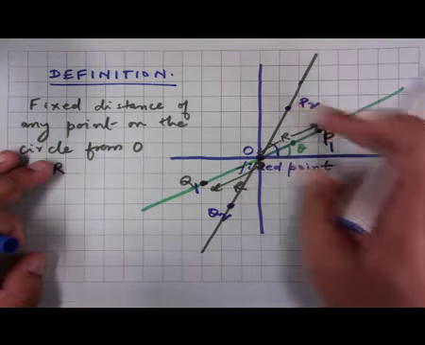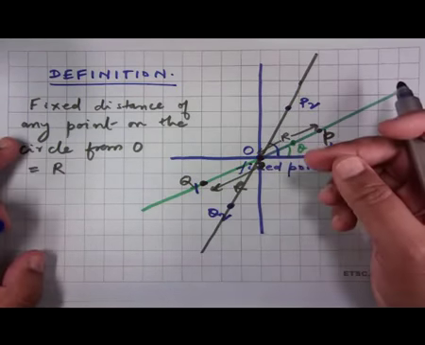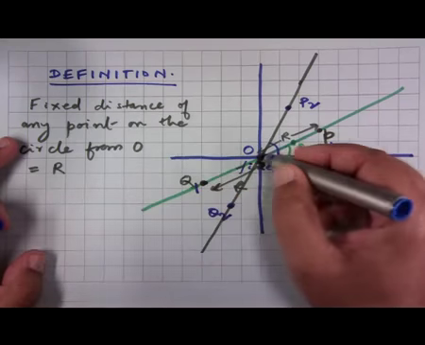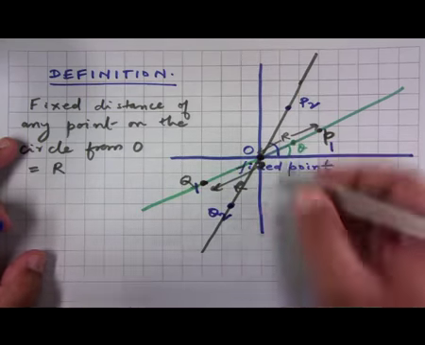So, now we have 4 points P1, P2, Q1, Q2 which are at the same distance r from this fixed point O.